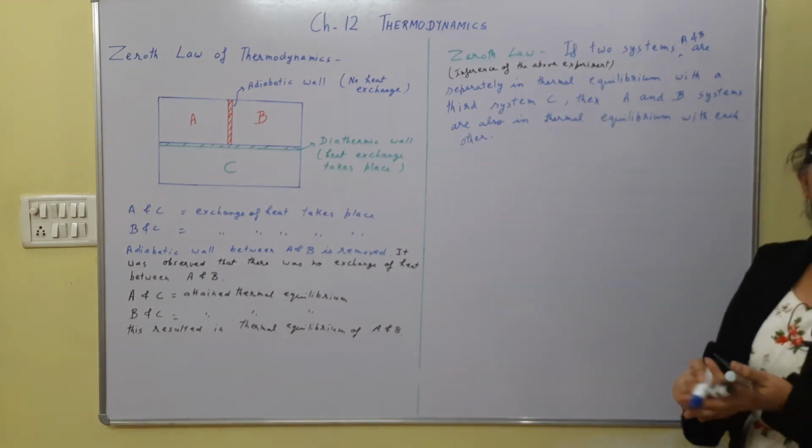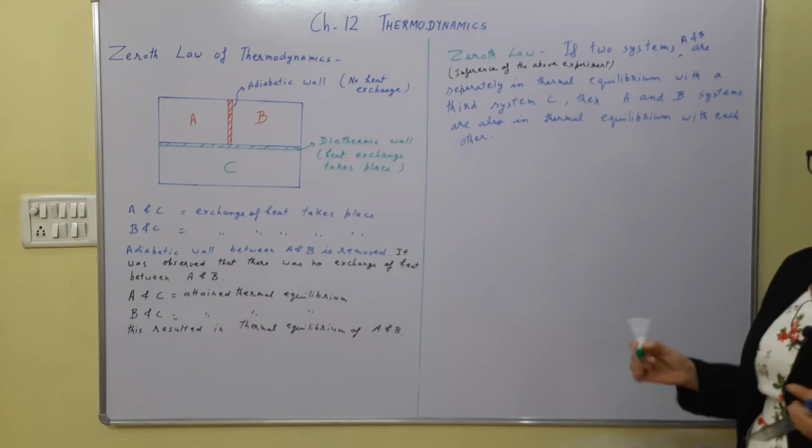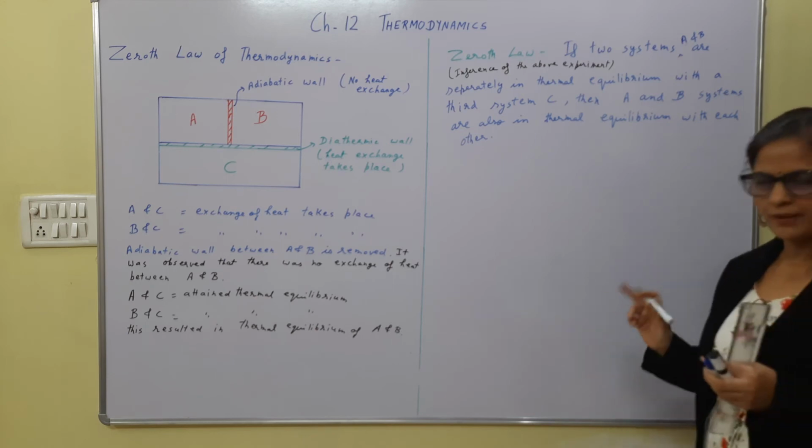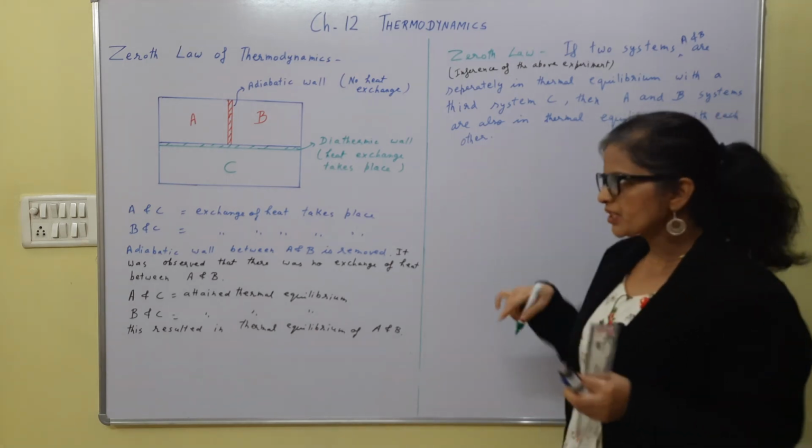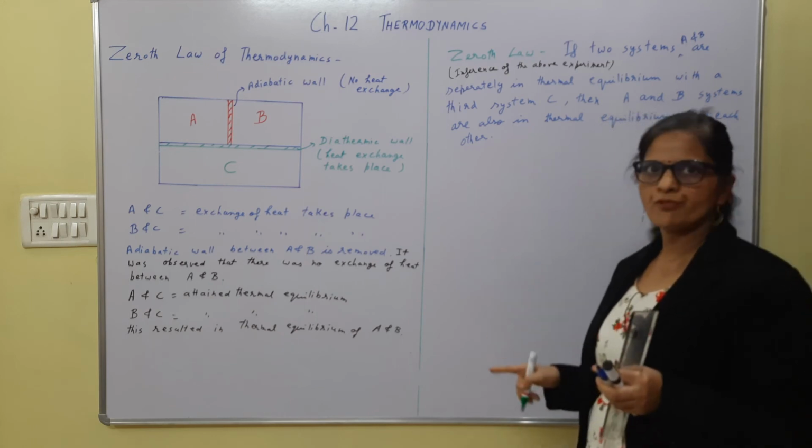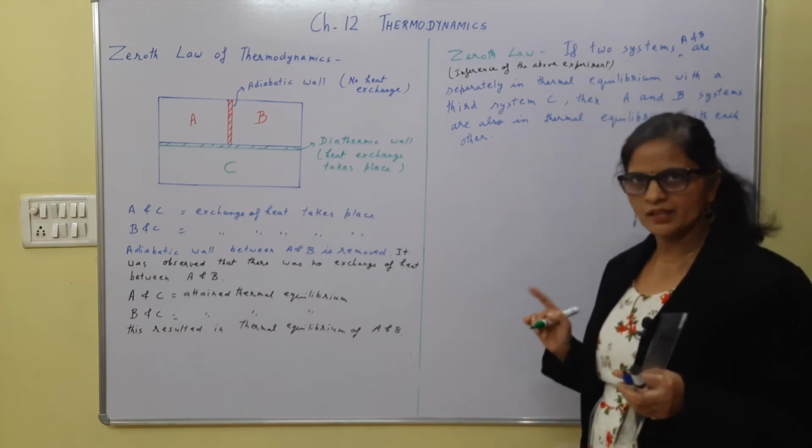So what is its significance? Actually, it gave rise to the concept of temperature. That temperature is that quantity which remains the same for the systems which are in thermal equilibrium.